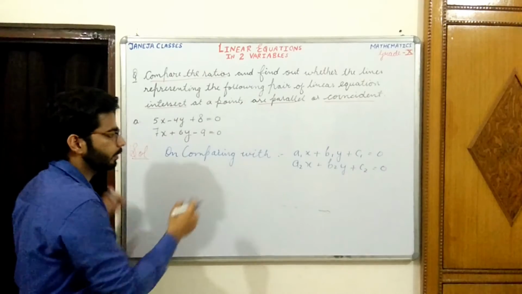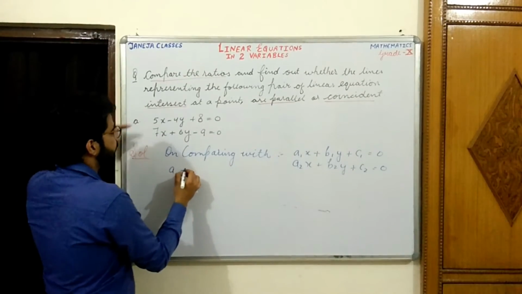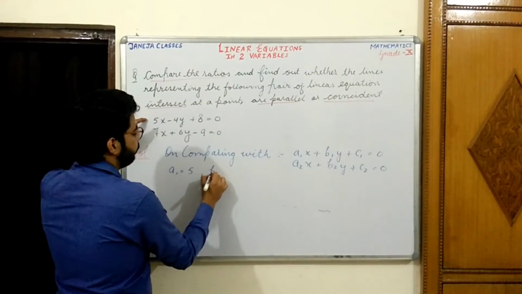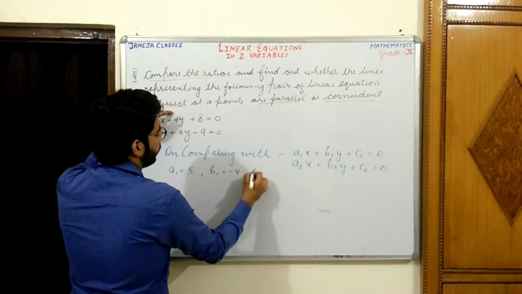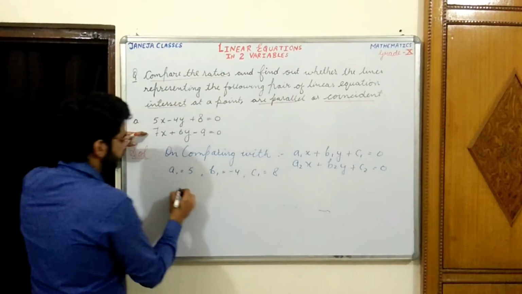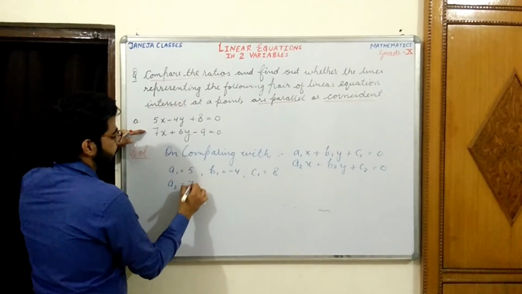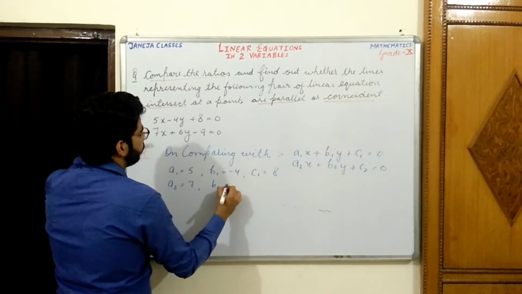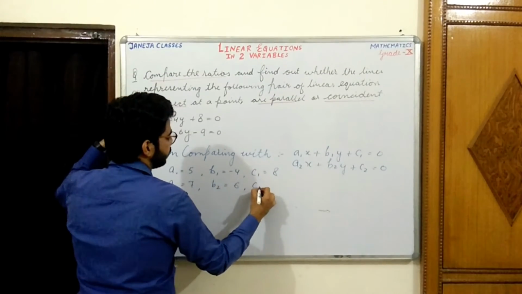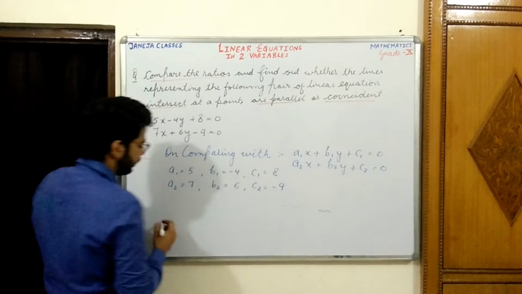When we compare, we get a1 as 5, b1 as minus 4 and c1 as 8, a2 as 7, b2 equals 6 and c2 equals minus 9.